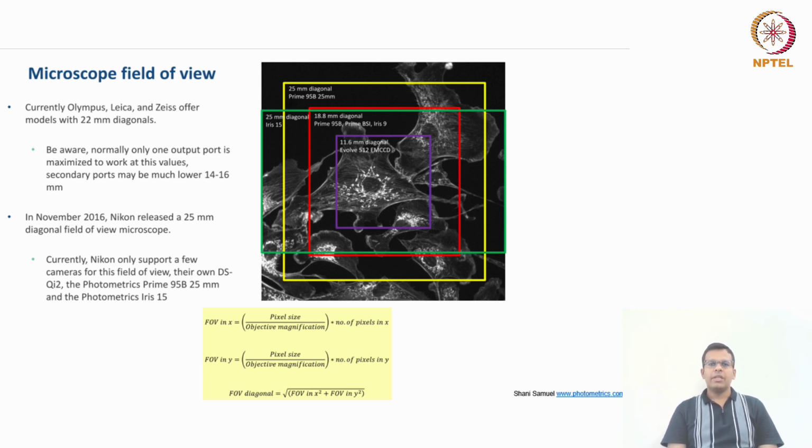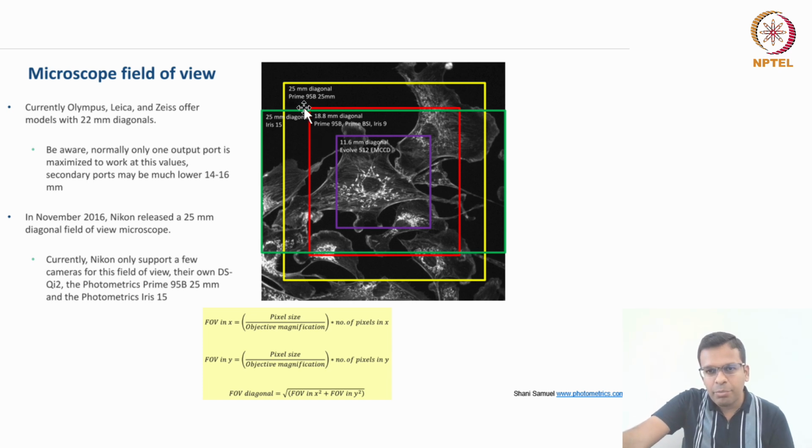Moving to the next slide and the new terminology, which is known as field of view. Currently Olympus, Leica, and Zeiss offer models with a 22 millimeter diagonal field of view. Field of view means how much area will be imaged by your microscope or by your camera. Here you can see the different fields of view. Some cameras provide a rectangular field of view, whereas some cameras provide a square field of view.